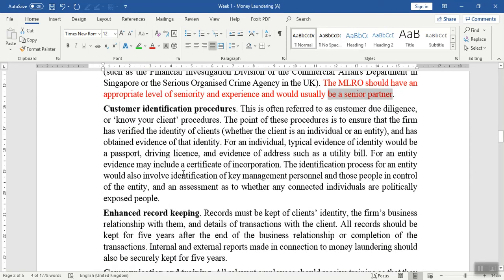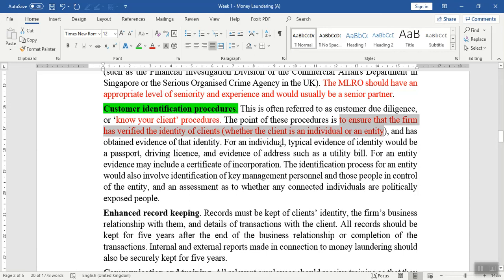Next one, client or customer identification procedure. Which means as an audit firm, before you accept a new client, you have to follow the know-your-client procedure. Why? Because you want to verify the identity of the client first, whether they have been involved in any illegal activity or not.